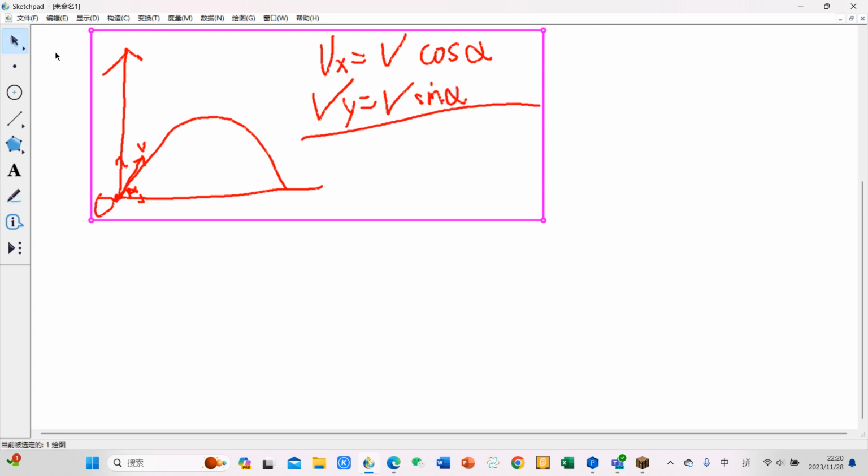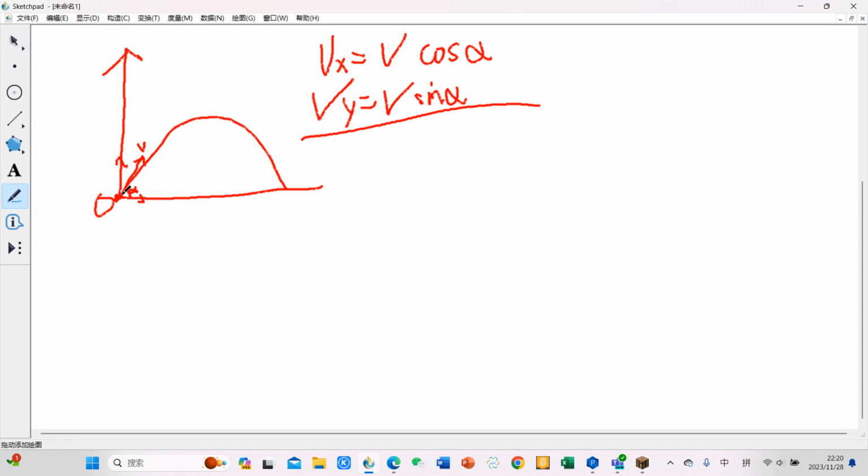Okay, so let's calculate the time. When it reaches the maximum height, what will the time be? We know that you have an acceleration of g, so gt equals v, and what is this v? It is Vy.